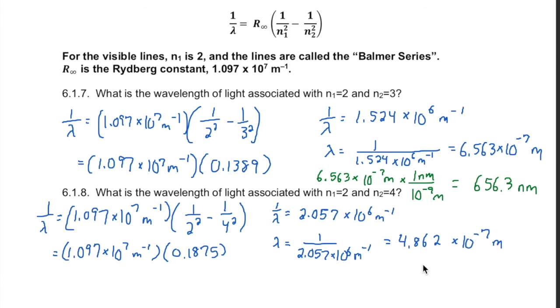When you take the inverse of that, it is 4.862 times 10 to the minus 7 meters. Then if you convert it in the same way we did above, it ends up being 486.2 nanometers. So this is one of the other visible lines in the line spectrum of hydrogen.